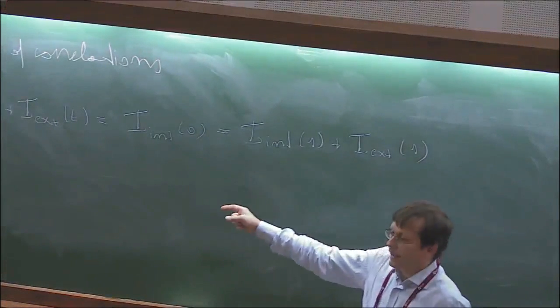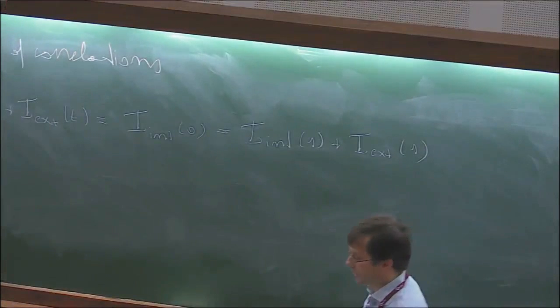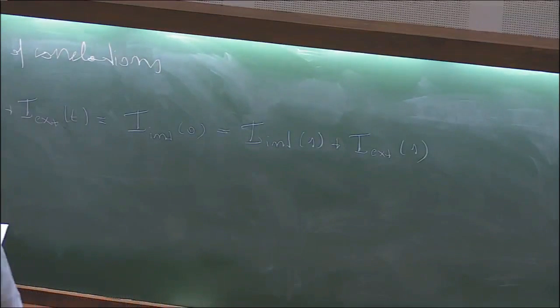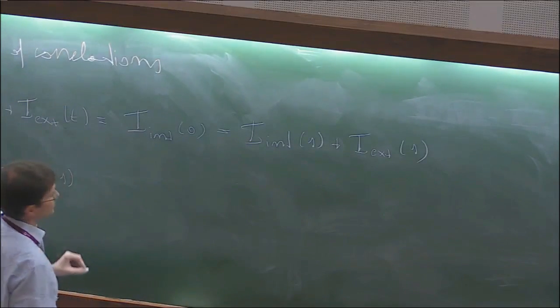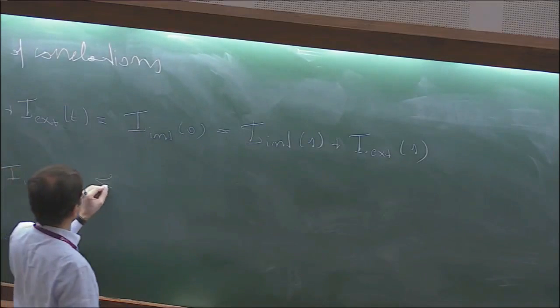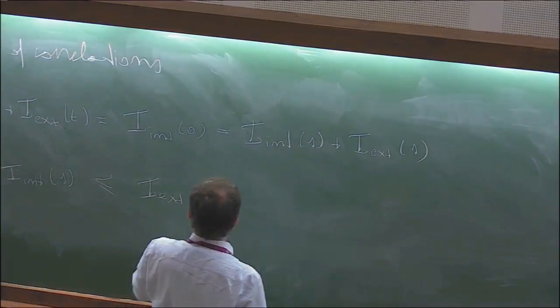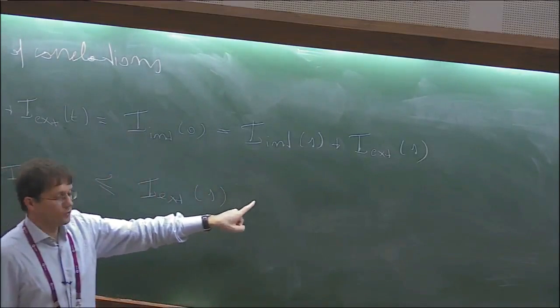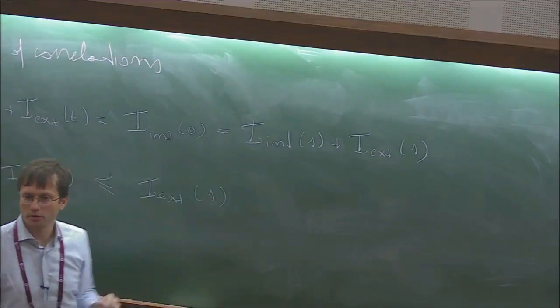Then you can rearrange terms and exploit the fact that each of these contributions is positive, so that I come to the following inequality. If you compare the internal information at time t with the internal information at another time s, this is bounded above by the external information at time s. Because here you would simply add minus the information at time t, which is a positive quantity, you raise it.